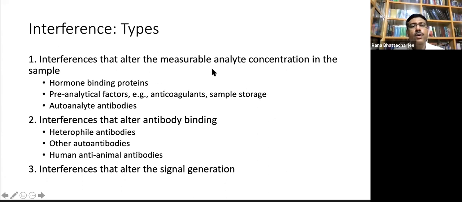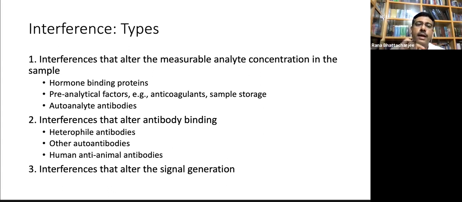One kind can alter the measurable analyte concentration in the sample, like the presence of different hormone binding proteins, as for example, dysalbuminemic euthyroid hyperthyroxinemia. There, our instinct says that the total T4 level or total T3 level, depending on the mutation, will be high. But if you measure free hormone, we can measure this reliably.